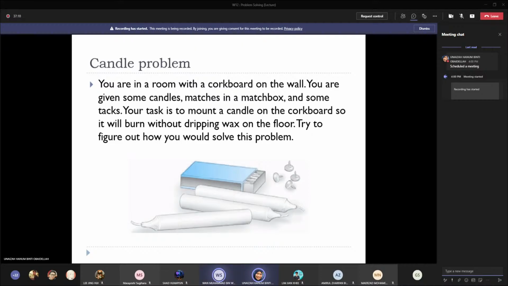Come on. Use some thumbtacks to surround the top part of the candle so that the wax would accumulate inside while it burns.